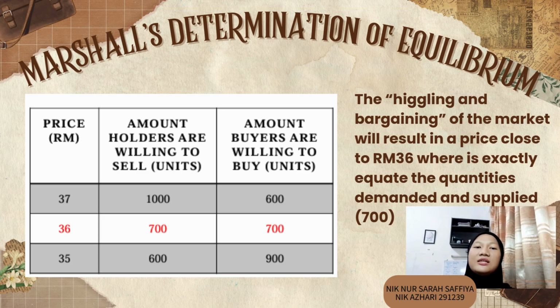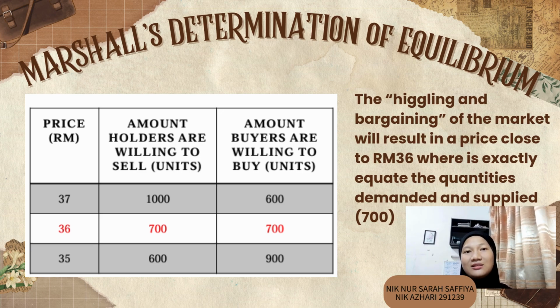Through this constant haggling and bargaining, the market naturally finds a balance point. This equilibrium occurs where the quantity sellers are willing to sell exactly matches the quantity buyers want to buy. In our example, this happens at a price of 36 with 700 units exchanged.